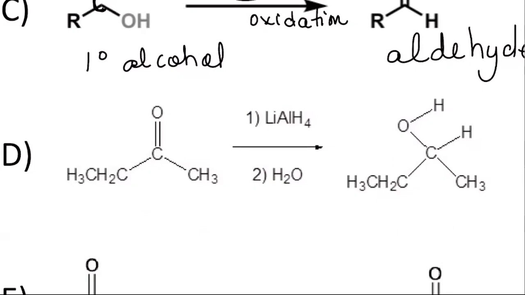That is a ketone. And as you can see, we have some reagents there. You guys don't have to memorize the reagents. For me, it's important that you guys know the functional groups. A ketone went and formed an alcohol, specifically a secondary alcohol. Okay?